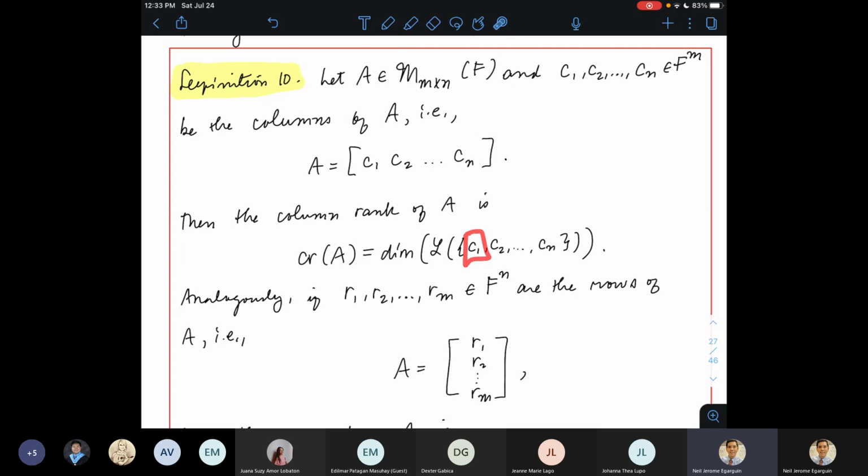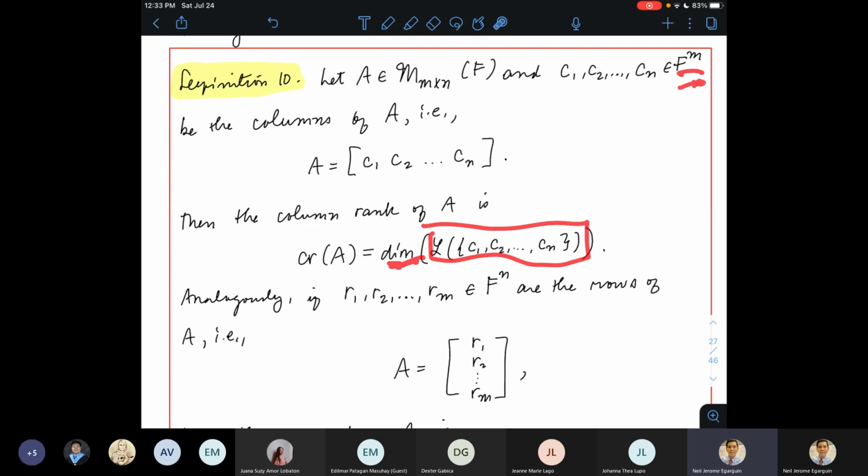Bawat isang column ay element ni F to the m. Pero ano ba ang dimension ni F to the m? Ang dimension ni F to the m ay m. Kasi ang isang basis para kay F to the m ay yung mga elementary basis, right? So ibig sabihin si F to the m ay dimension m. So this guy is a subset of F to the m, kasi ang mga elements niyan nanggagaling sa F to the m.